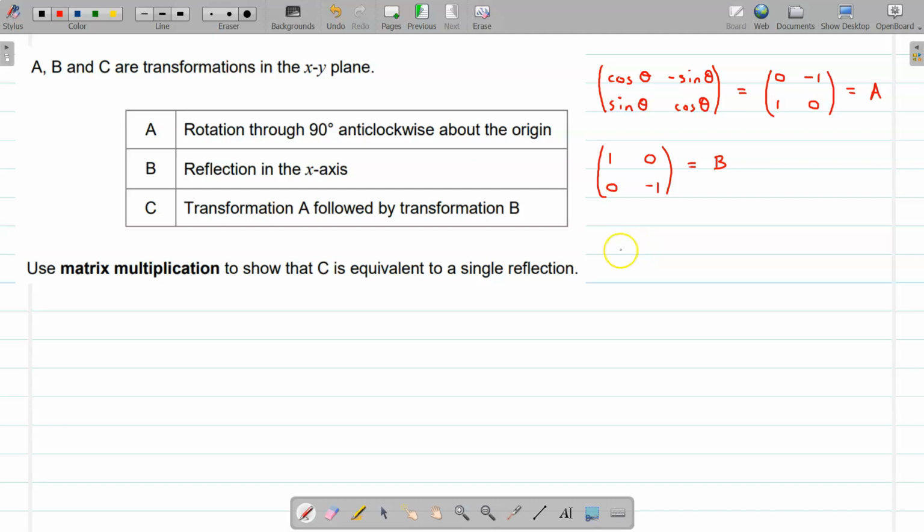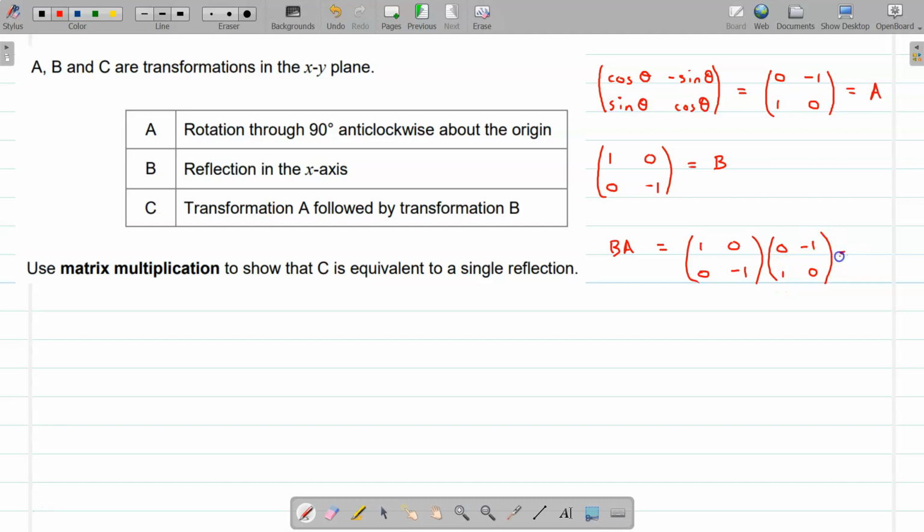Okay, so you write down the matrix B times A. Okay, so BA is equal to 1, 0, 0, minus 1 multiplied by 0, minus 1, 1, 0.